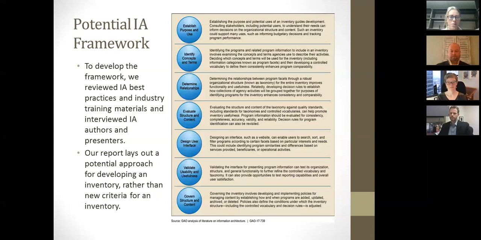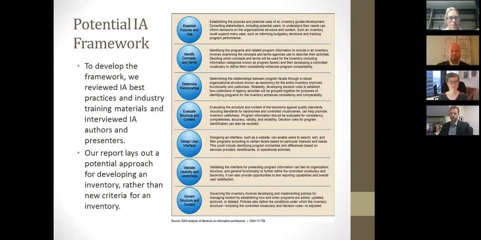And so we went out to see what was available in the field as best practices. So we've identified some IA materials that were very useful. We met with information architecture authors and presenters. We reviewed information and went through to see where there was commonality with steps forward for federal websites.